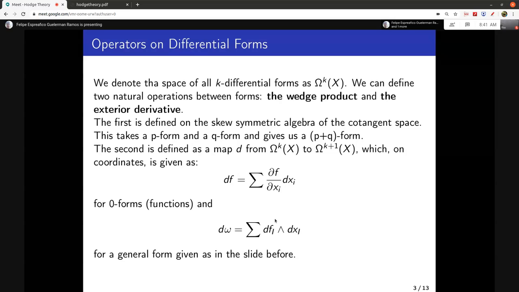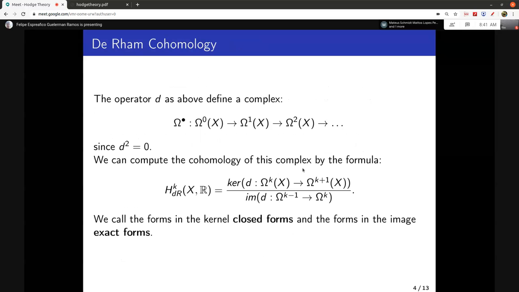And if we consider forms like this, it's even simpler because here the functions multiplying everything are 1, and d of 1 is 0 because of this formula, right? So d squared is 0, and then this defines a complex. And of course, we can compute the cohomology by the natural formula that defines all cohomology.